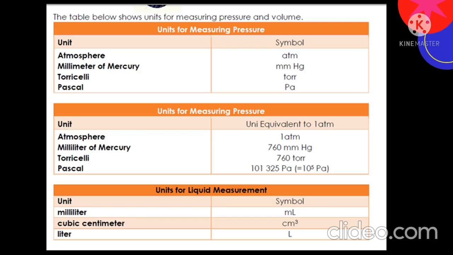Now, 1 atmosphere is equivalent to 760 millimeters of mercury. It's also equivalent to 760 torr or torricelli. It's also equivalent to 101,325 pascals. Now for the units for liquid measurement, of course, we have milliliters or mL, cubic centimeter or cm cube, and liter or capital letter L.